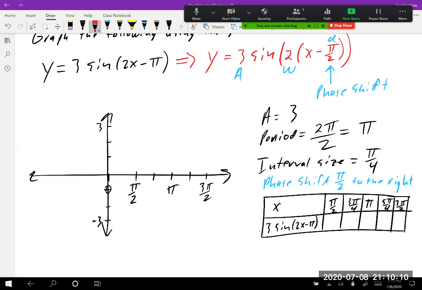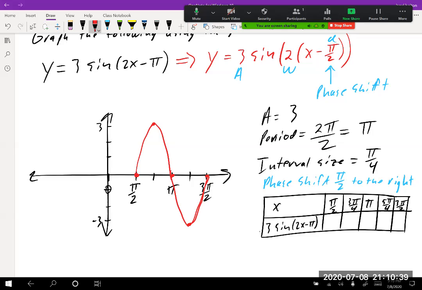So I'm going to still start at a height of 0, but right here. Then I know that it goes up to 1, but instead we're going to go up to 3 because we have an amplitude of 3. Then it comes back down to 0. Then it goes down to -1, but in our case -3, and then it comes back up. So we have this, and that's our graph.